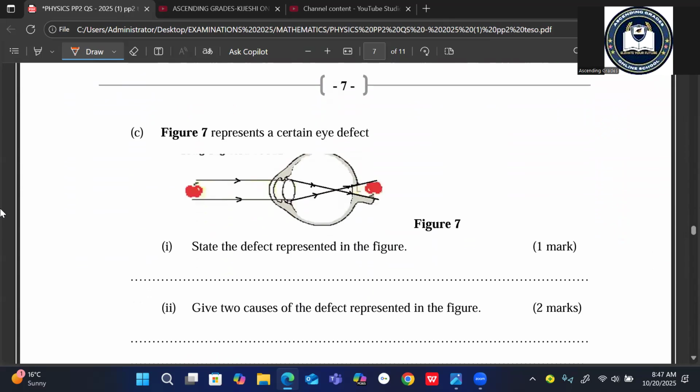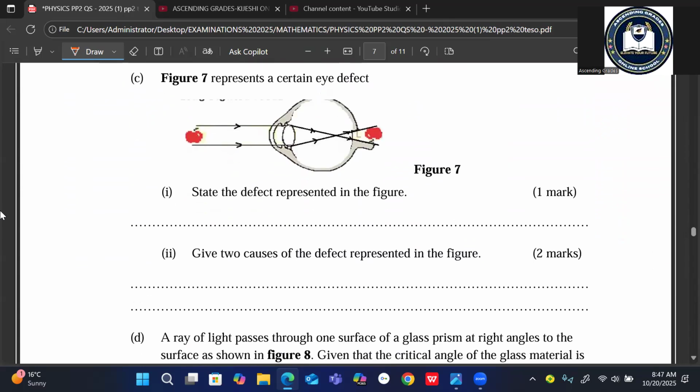We have our part C. Look at that diagram over there. We are looking at an object, an apple, and the image is formed behind the retina.